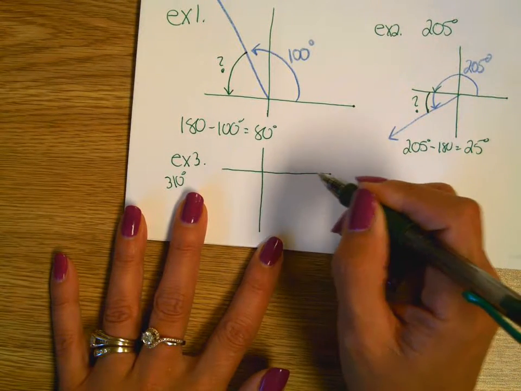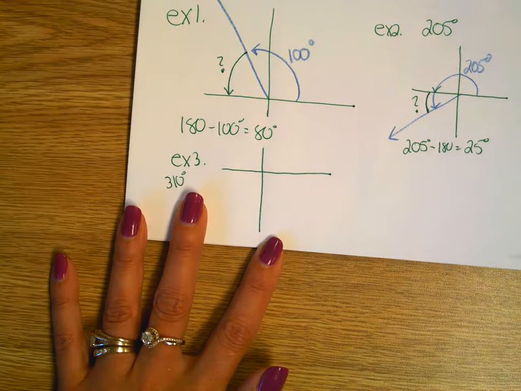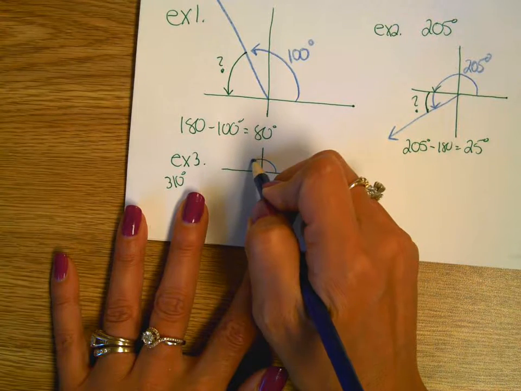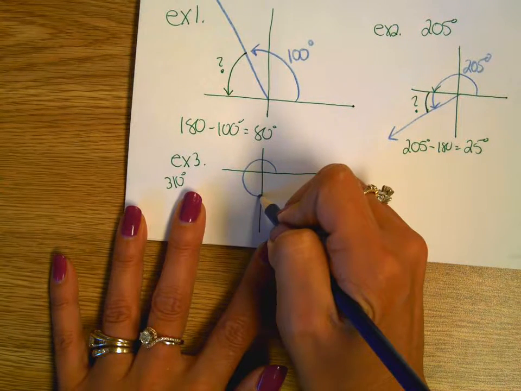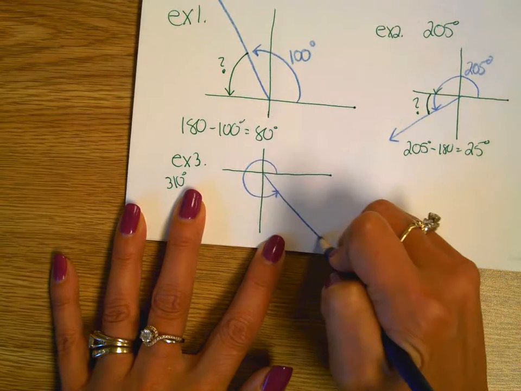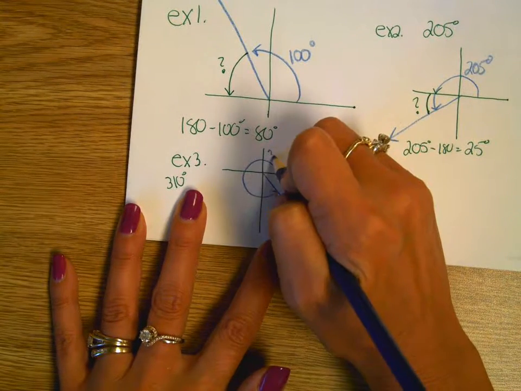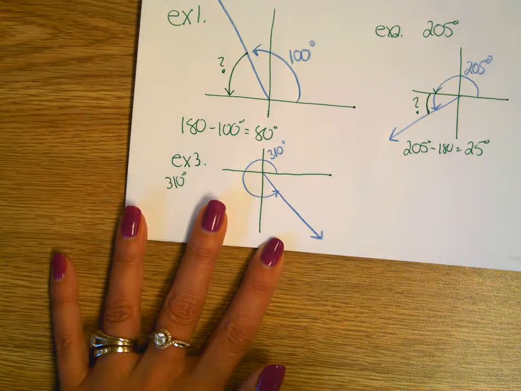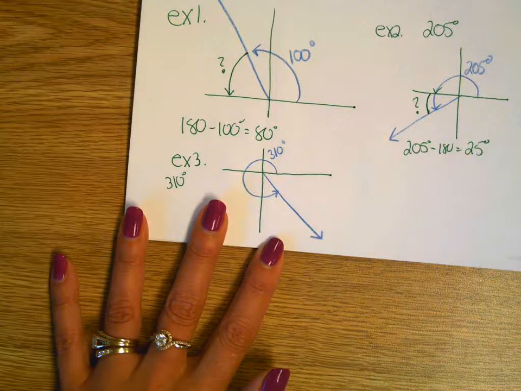Okay, 310. Which quadrant? Fourth. Yeah, we got 4. 90, 180, 270, and then some more. There's 310. The reference angle, again, has to be from that ray to the x-axis.